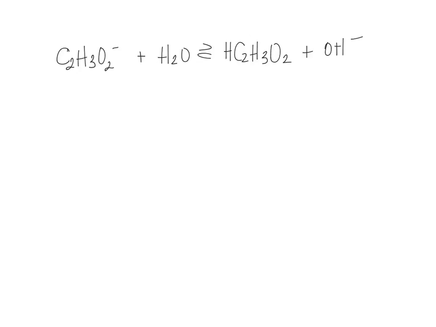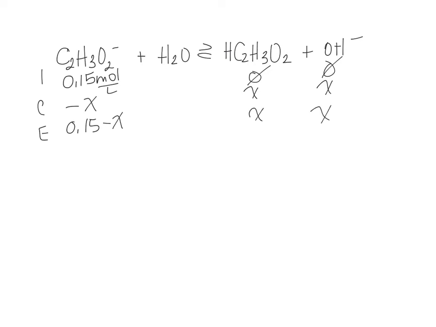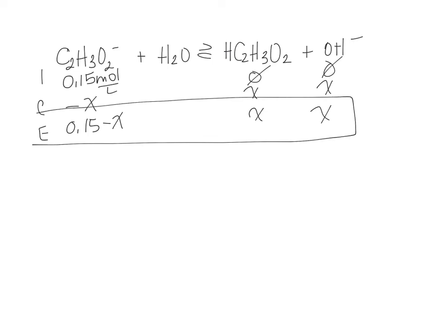So we've got our chemical equilibrium expression or reaction, and we know initially we have 0.15 moles per liter of our acetate. So we're going to set up a nice table. Initially, no acetic acid, no hydroxide for the reaction of our conjugate base with water. They will go through a change, and at equilibrium we will have this quantity.